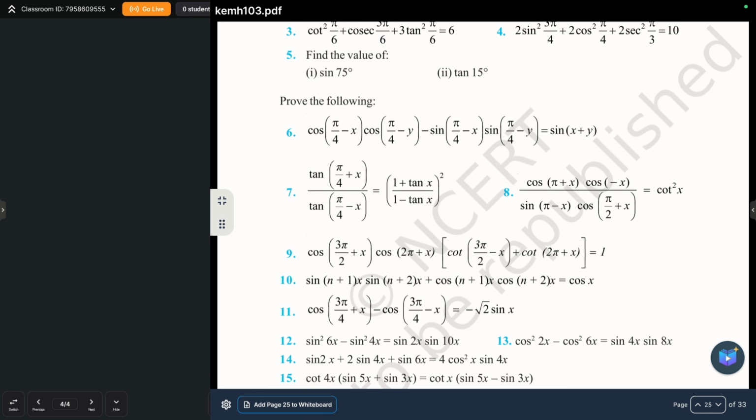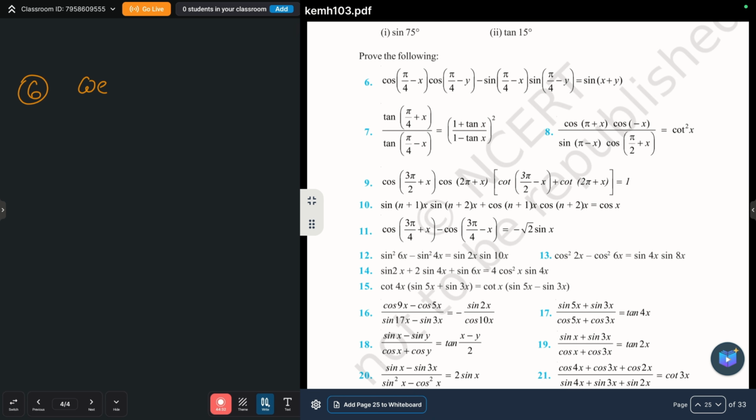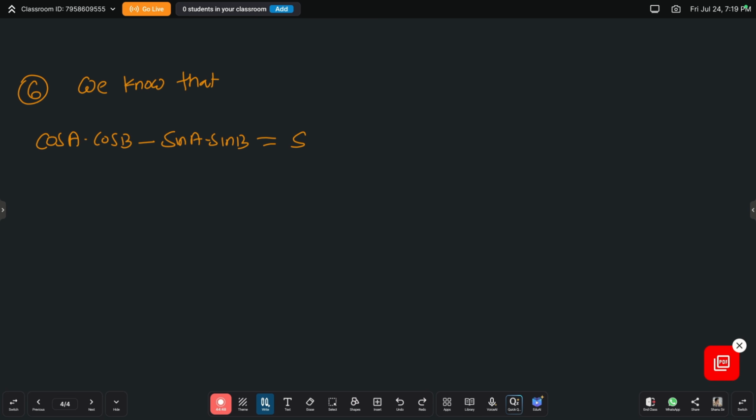So that is called observation: how to think, how to solve, how to approach. You will say we know that. I don't know whether you know or not, but I know. We know that cos a cos b minus sin a sin b equals cos a plus b.